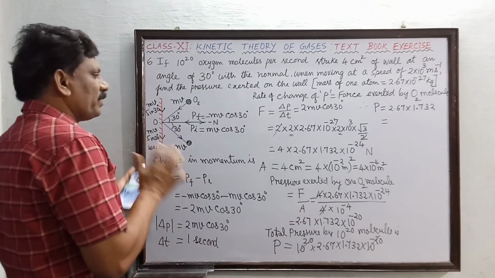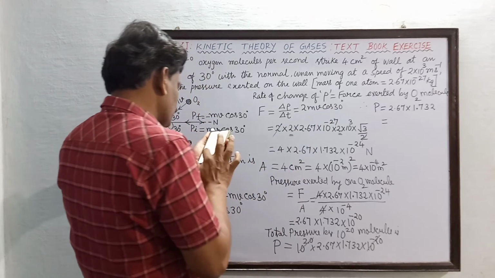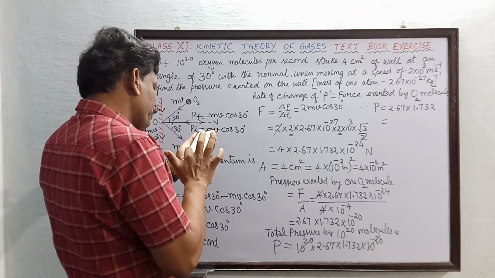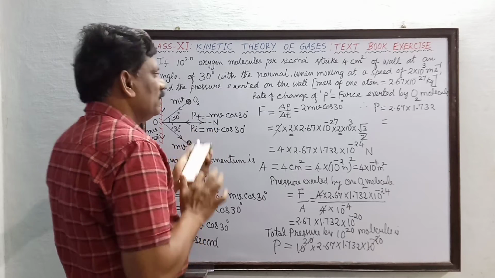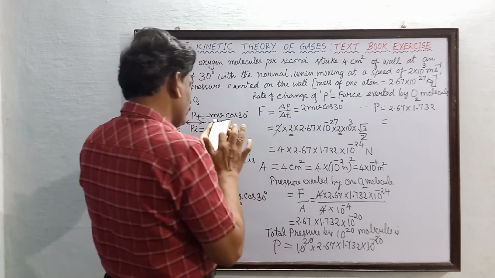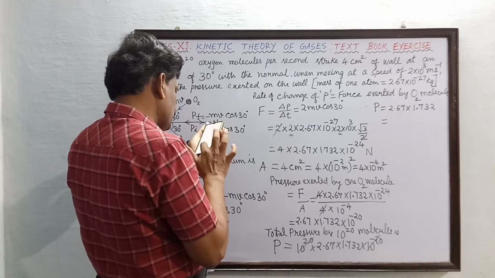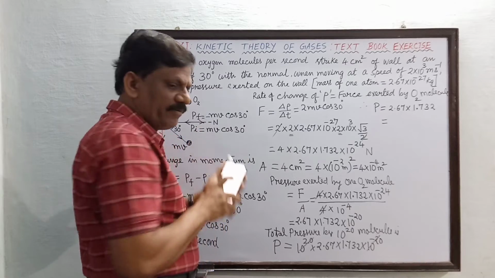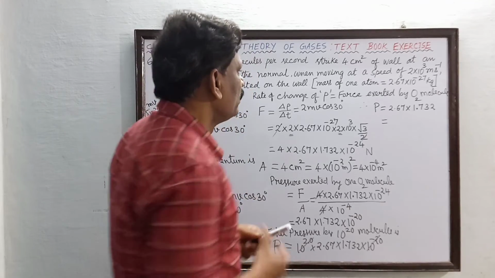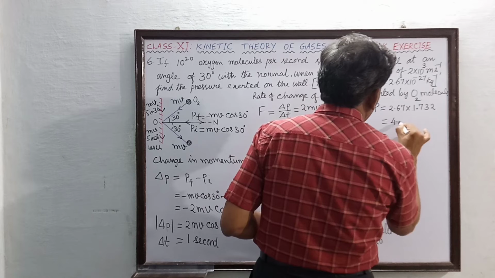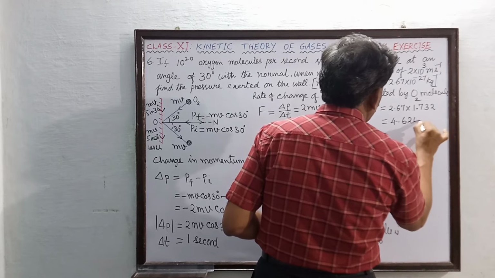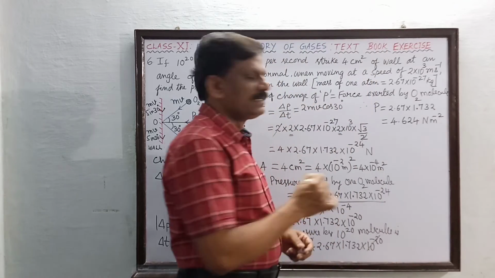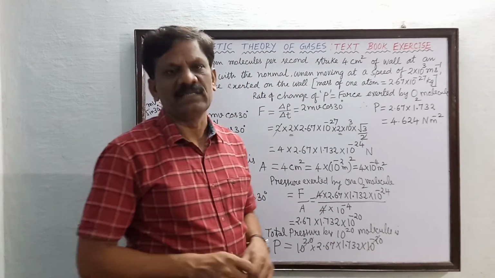So we multiply 2.67 into 1.732, and this is found to be 4.624 Newton per meter square. So this is the expected final answer.